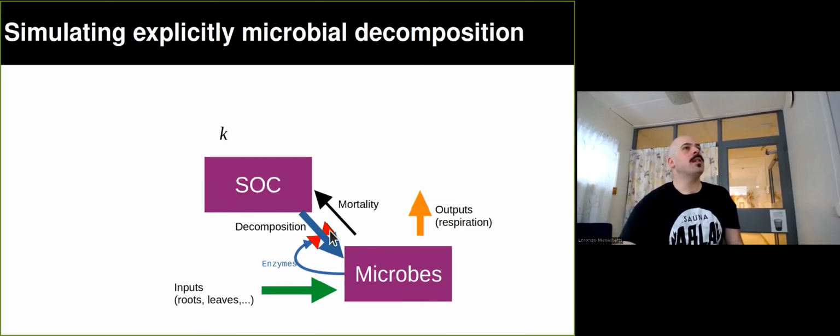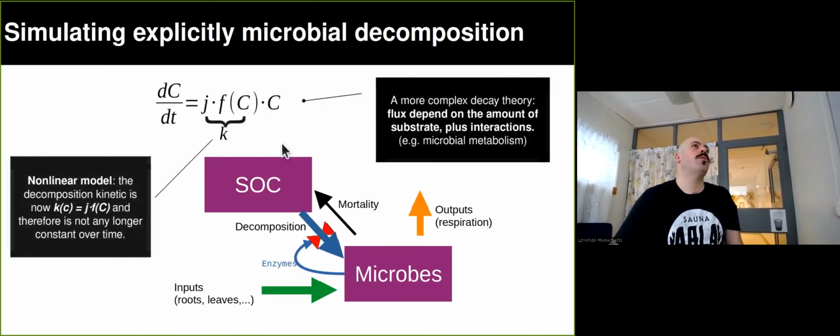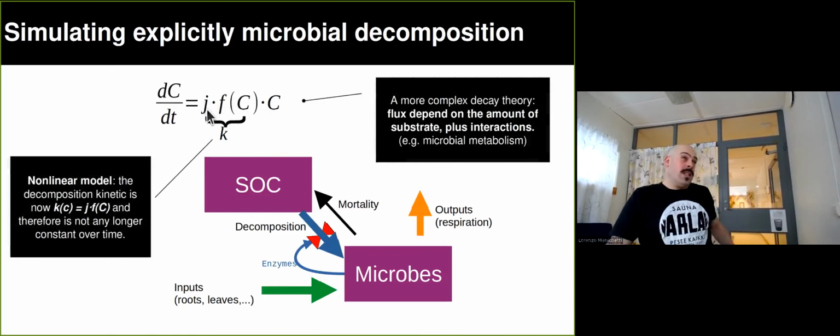This means that the fundamental equation that I showed you before is changed in a very, very heavy way, at least in terms of consequences for models. Instead of just one constant decomposition kinetic, you have part of the kinetic that depends on the amount of microbes, so the carbon stored in microbes. So this kinetic now becomes variable over the amount of carbon, which varies over time.